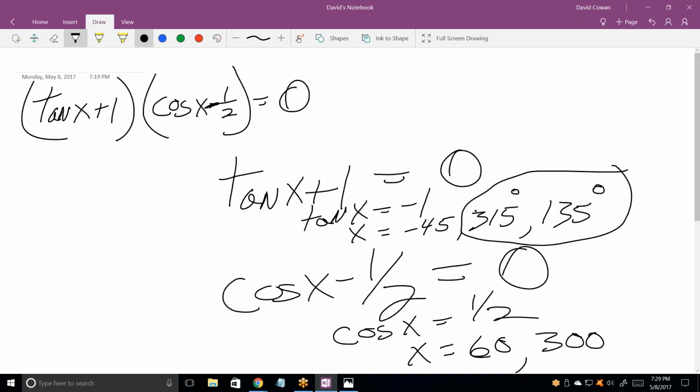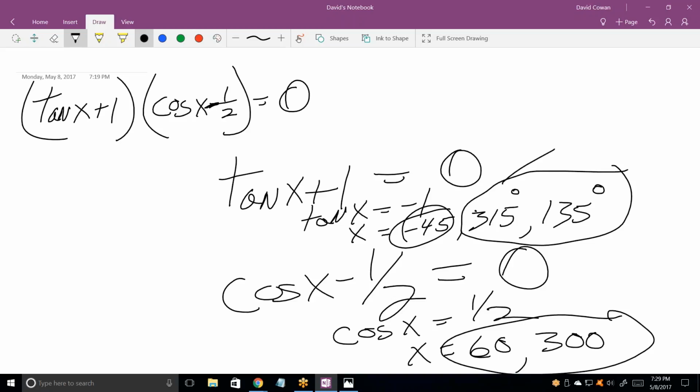So there are the four answers we have. You could even give an answer of minus 45, but minus 45 is the same as 315. So probably the desired answers are 315, 135, 60, and 300.